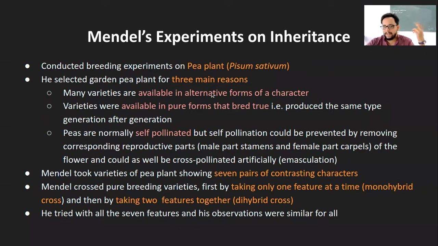Many would have caused another problem. And it was available in the pure form that will breed true. That is, they produce the same type of individual generation after generation. I hope these two points are clear.